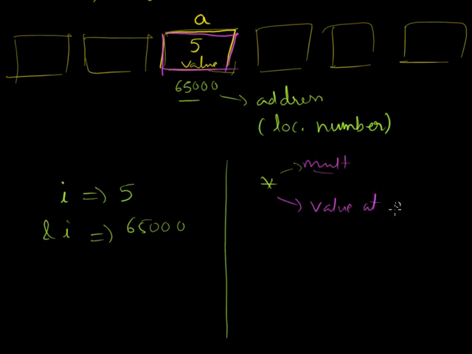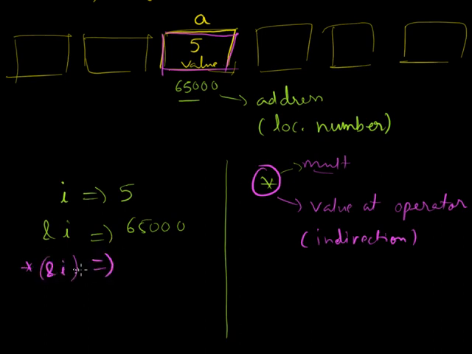This is the value at operator, also known as the indirection operator. This asterisk is similar to the address of operator. The address of operator gives the address, and the value at operator gives the value at an address. So if I say star of ampersand i, what would we get?